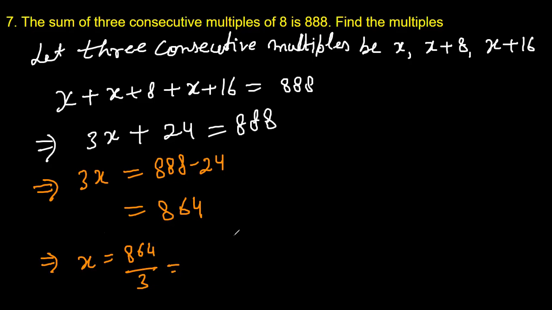3 2s are 6, 26, 3 8s are 24. So the x is 288. Now we can write our answer.